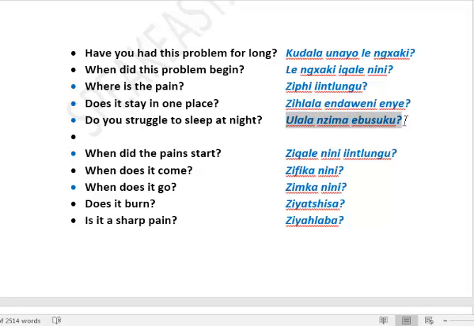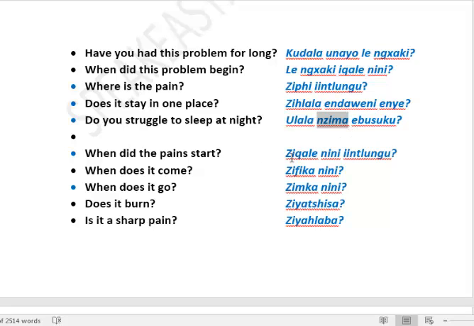Ulala nzima ebusuku. We have had a number of adverbs: kakuhle, well, kakhulu, a lot, kancinci, a little, and now nzima, with difficulty. Ulala nzima ebusuku, do you sleep with difficulty at night?